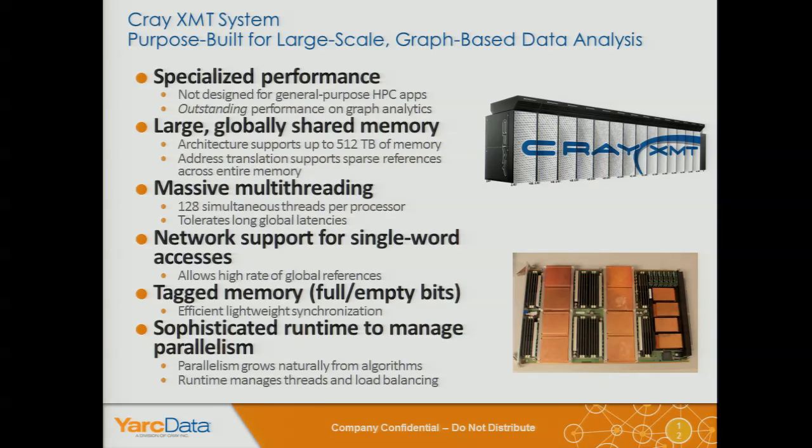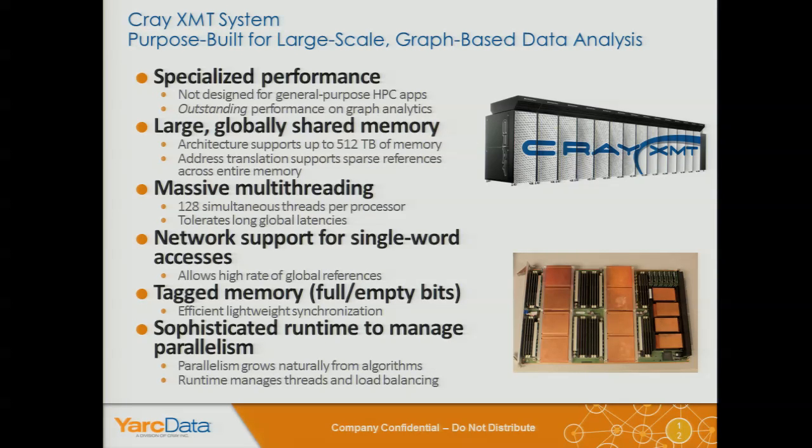So I guess some of this will be repetition to those of you who already know the XMT, but it's basically a very large globally shared memory. The architecture supports up to 512 terabytes. Typically, we tend to ship 2 to 32 terabytes. Did I say megabytes? I meant terabytes. And so you can support sparse references across the entire shared memory of the system, and it's highly scalable.